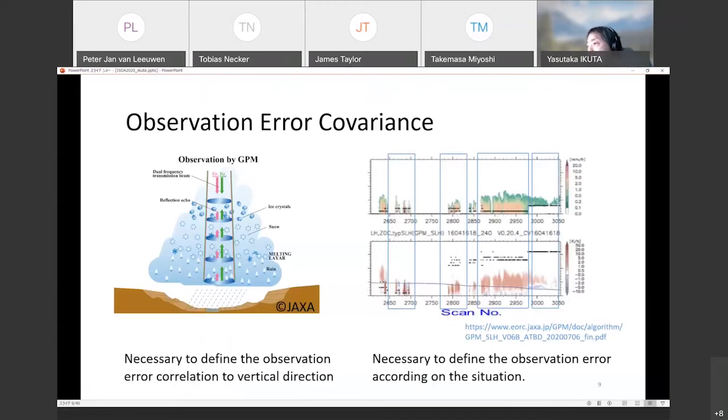Next, I'd like to consider the observation error. The space-borne radar observes the precipitation system from space, so we can assume that there is error correlation in the vertical direction. The right panel shows the precipitation intensity and SLH of DPR. The SLH profiles are different for convective and stratiform precipitation, so it is considered necessary to define the observation error according to the situation.